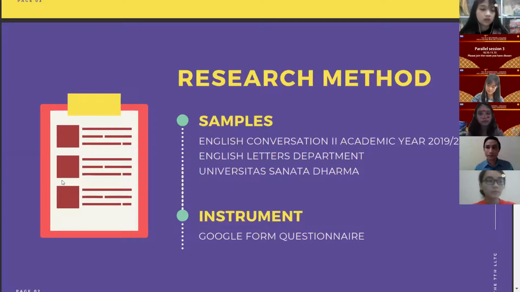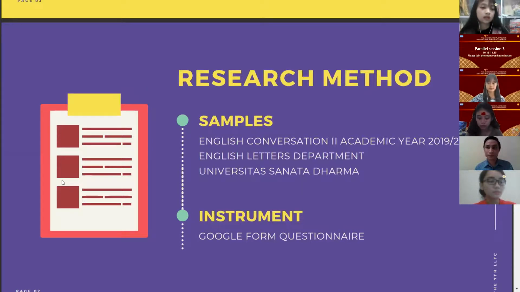And the sample of this research is 120 students who took English Conversation 2 class in the English Letters Department of Universitas Sanata Dharma. From the population, there are 180 active students in the second semester. In collecting the data, the questionnaire was distributed at the end of the semester.